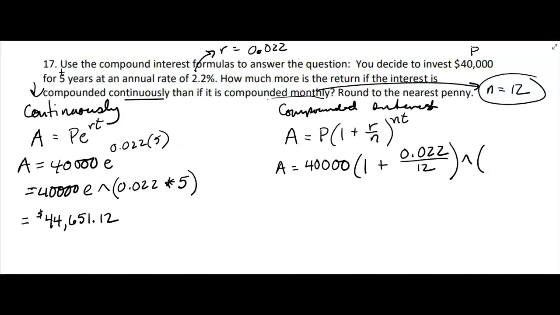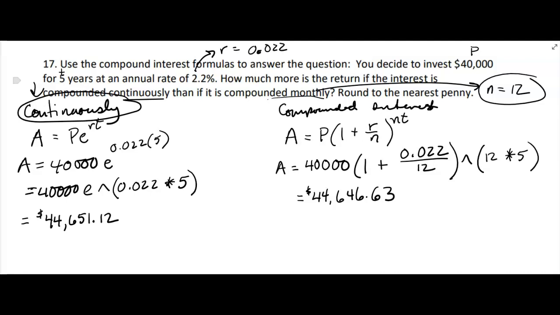It's going to be 12 times 5. And when I did that, I got the amount to be $44,646.63. Okay, so it's going to be less money if you're compounding monthly than if you're compounding continuously.